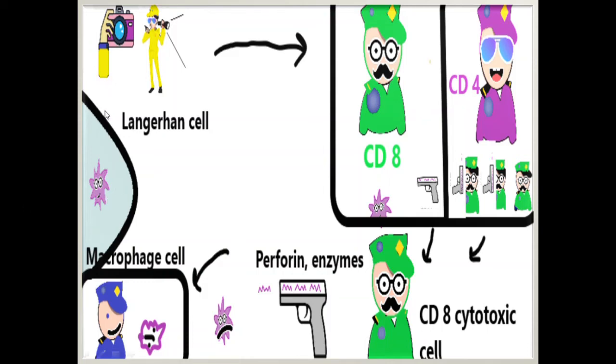It takes a picture of this suspicious criminal, and now it goes to the police headquarters department, and informs the CD8 cell, the senior officer. This CD8 cell will look into the picture and start making custom bullets for the criminal.